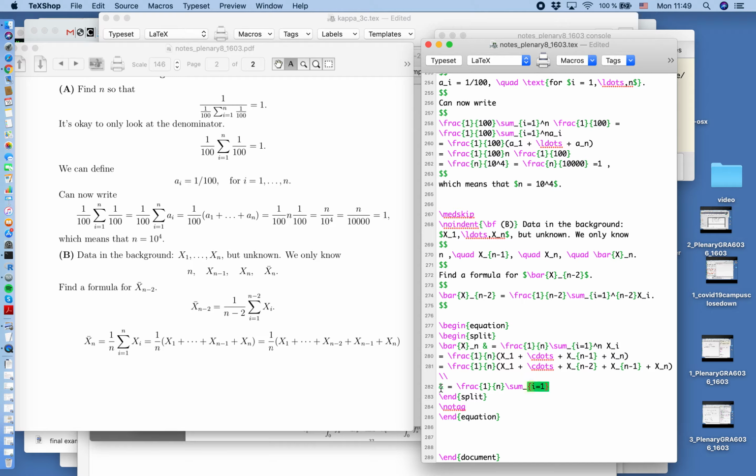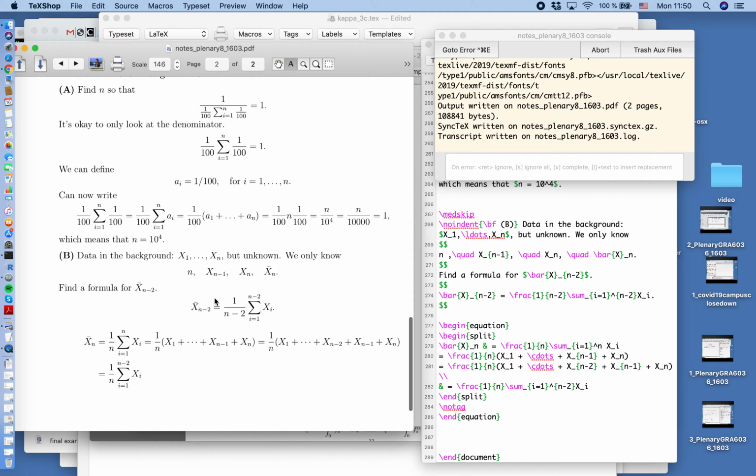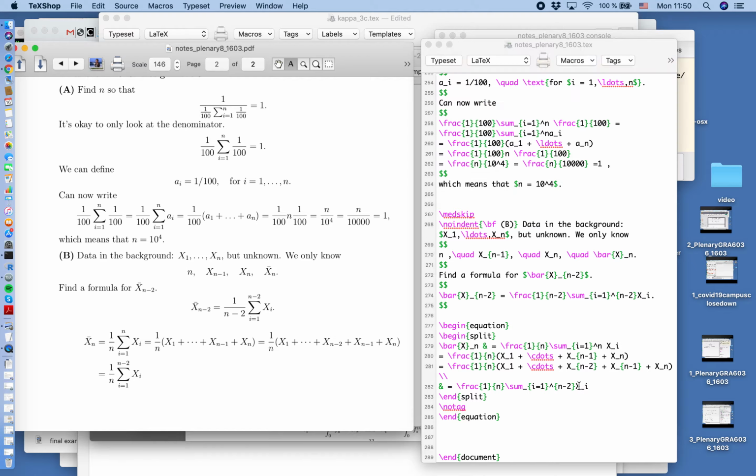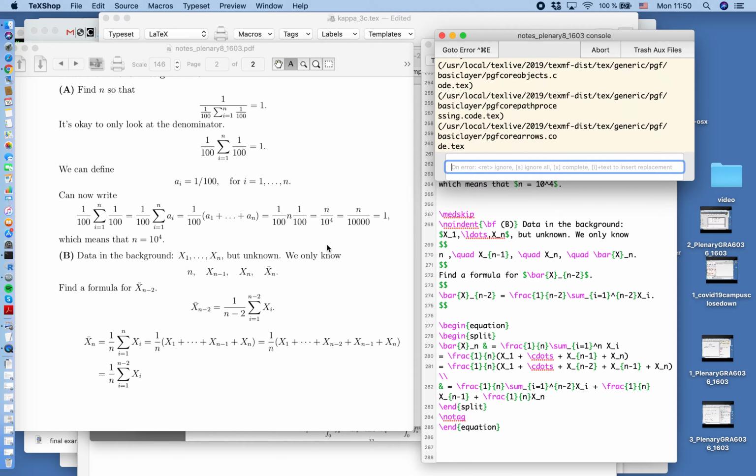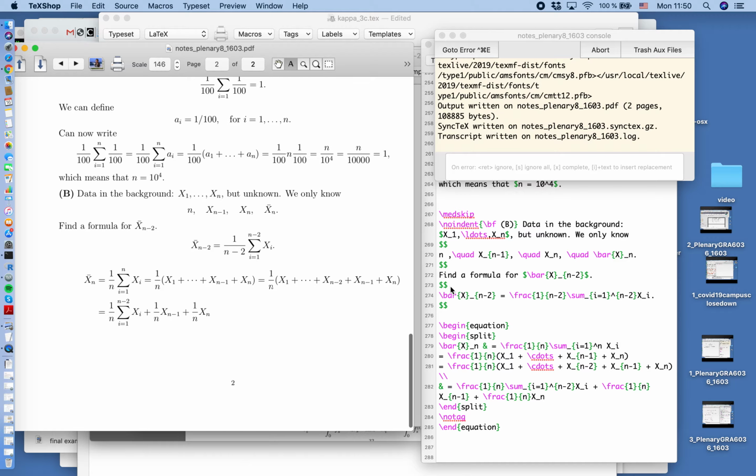So we start counting at 1 and we count all the way up to n-2, x i. This takes care of these multiplied by the constant that's outside, and then we multiply this constant outside by these last two observations. So we get plus 1 over n x n minus 1 plus 1 over n x n.